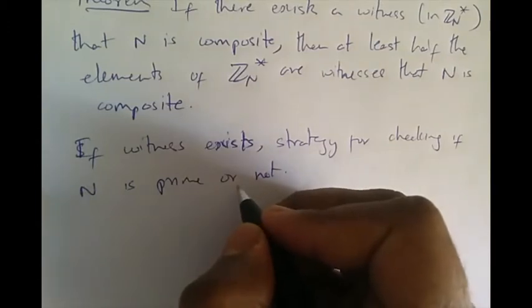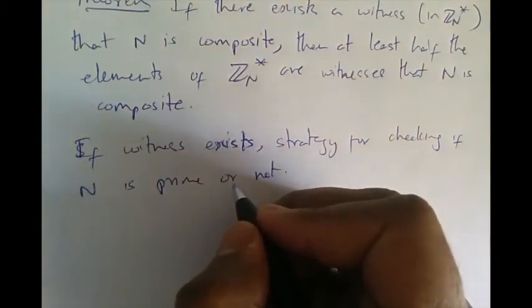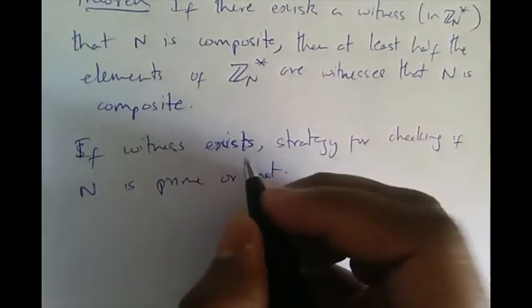We can just choose t values of a. So you choose distinct integers independently and uniformly from 1 to n minus 1.